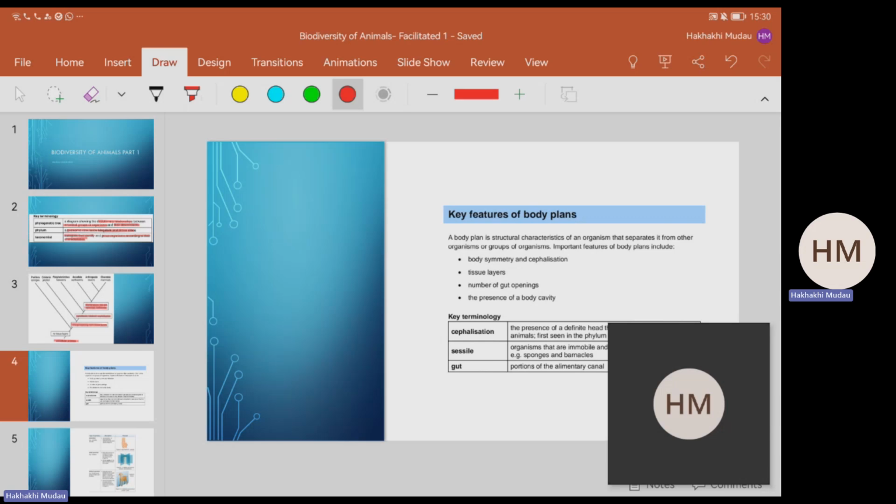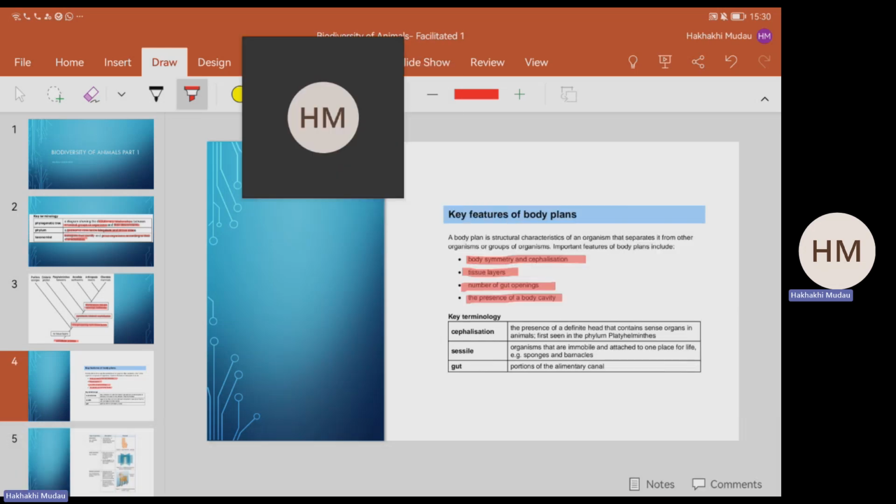So what we use are body symmetry, and then we use cephalization. Also check whether it has cephalization or it does not. We also use tissue layers and the number of gut openings. We look whether it has one gut opening or two gut openings or it doesn't have a gut opening. And then we also look at the presence of a body cavity, right?